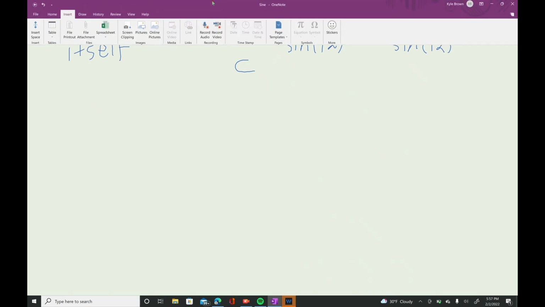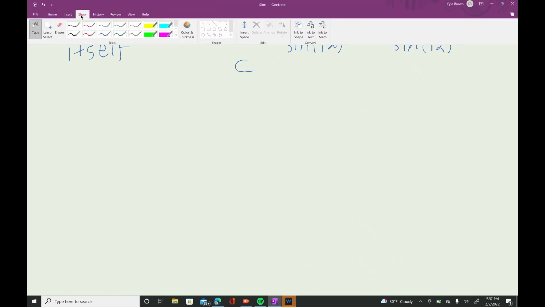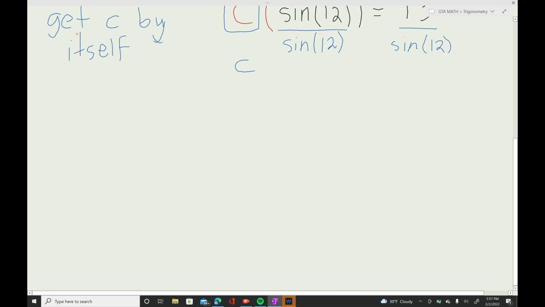But yeah, that'll do it for now. So we have C. Don't even worry about that. We're going to have C equals 13 over sine of 12.